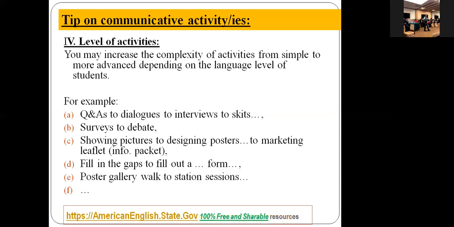Those kinds of activities you can give. Or ask them to prepare a poster, and also ask them to describe the poster, or have a gallery walk session, and so on. So these are some of the activities and levels.